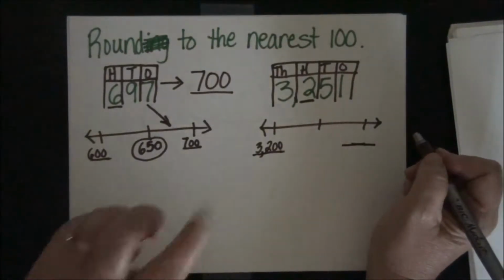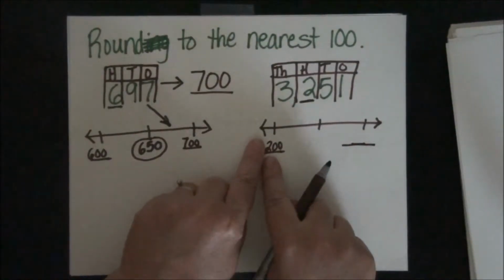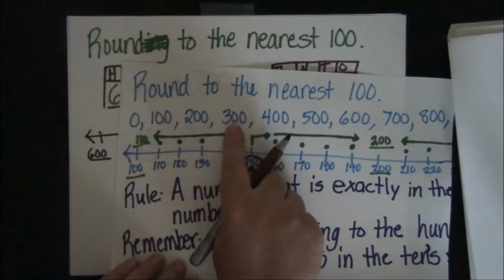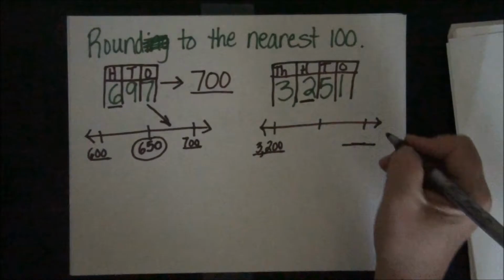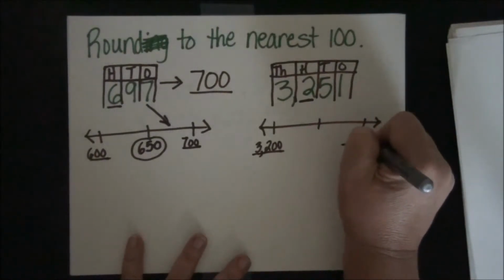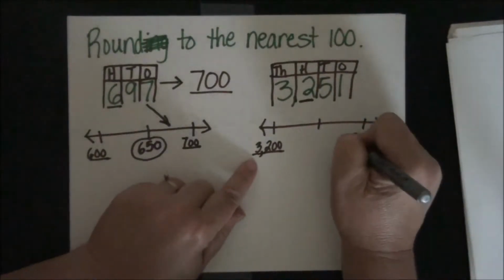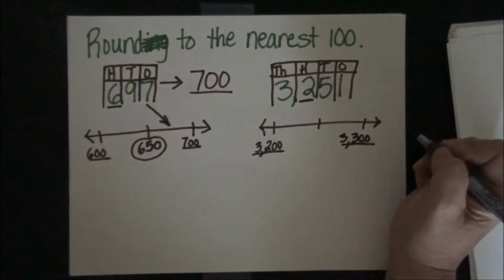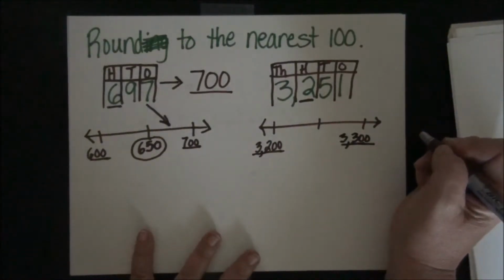All right, now counting by hundreds, after 200 comes 300. So I'm going to write 300, and I'm going to put my 3,000 on the front, because I'm counting by hundreds within the 3,000 numbers.